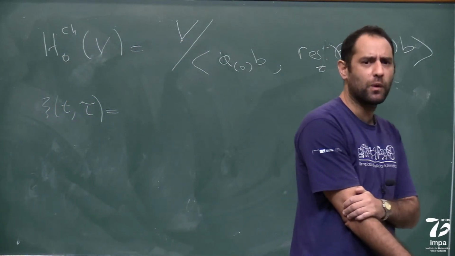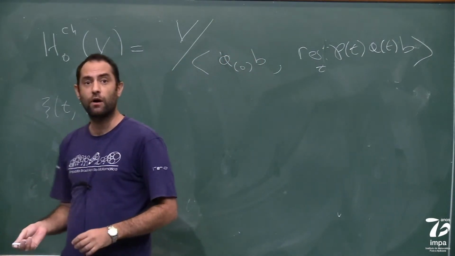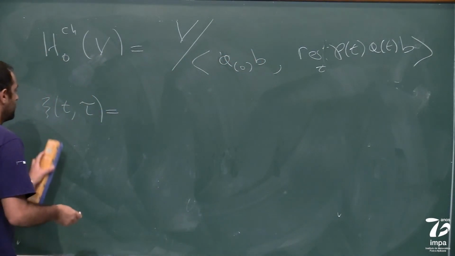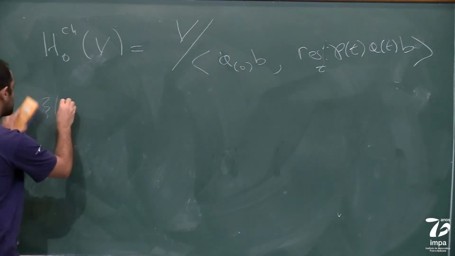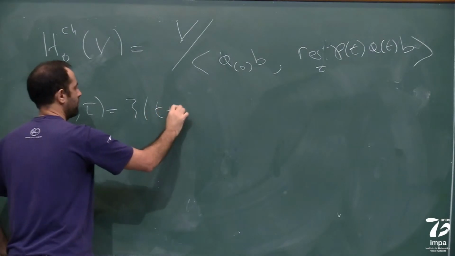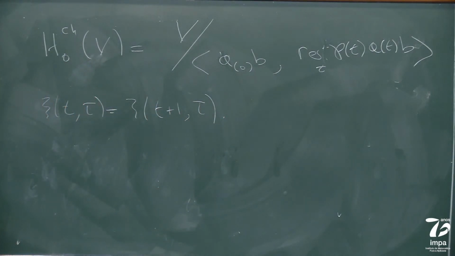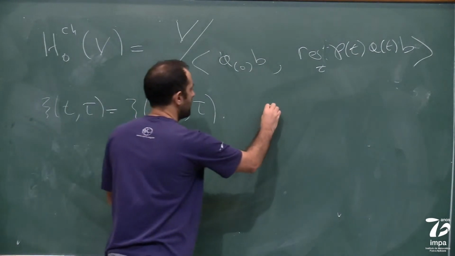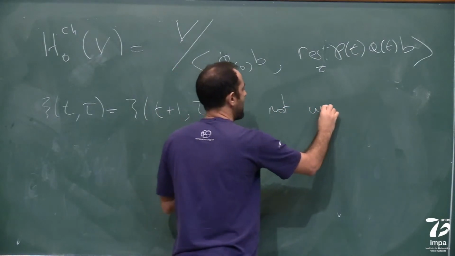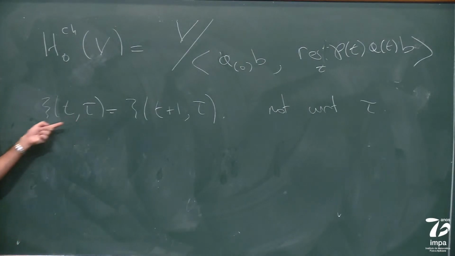I would want to give you an expansion of this function. The first thing is this. Remember that this function was periodic with respect to that change. It's not periodic with respect to adding tau, but with respect to t plus 1 it is.